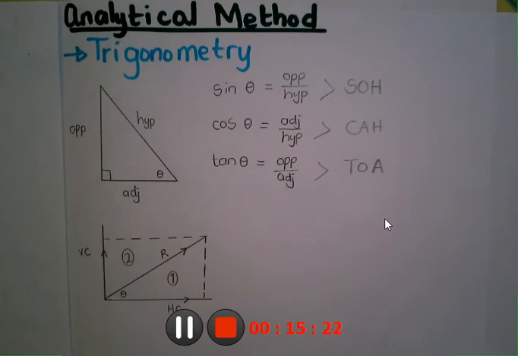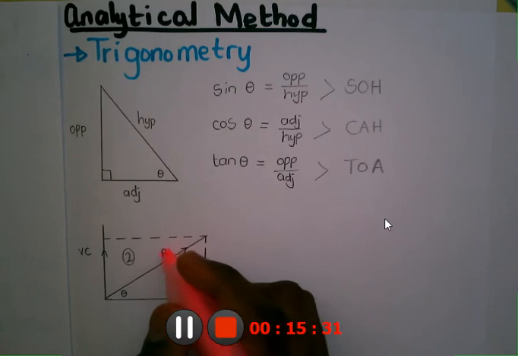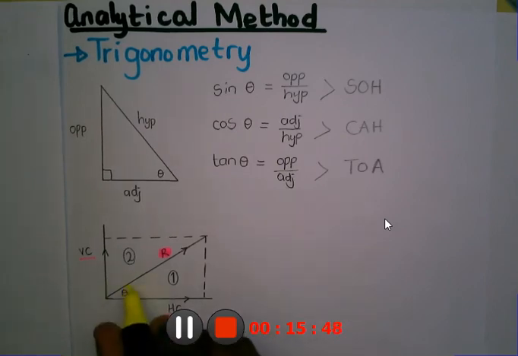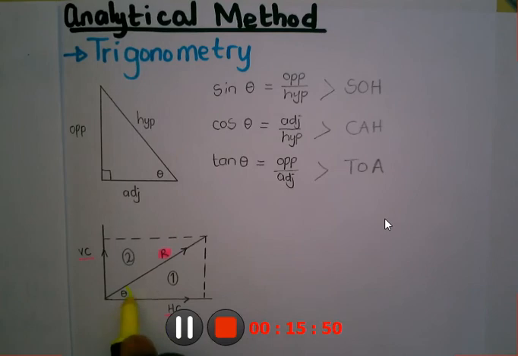So let's put it in the context of the force and its components. Now, if you are given your force and then you are asked to determine your horizontal component and your vertical component graphically. Let's say the angle that you are given is this one here, theta.